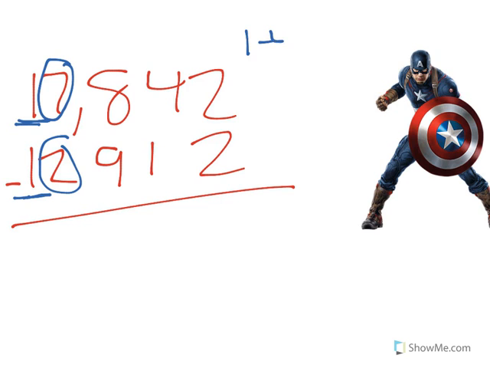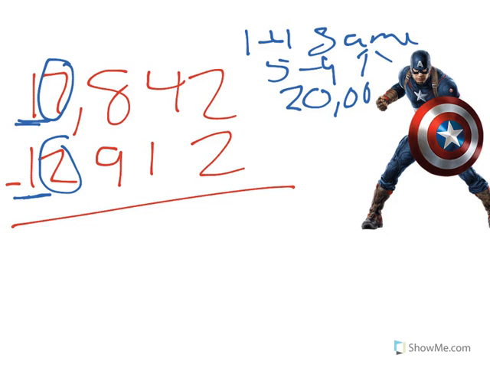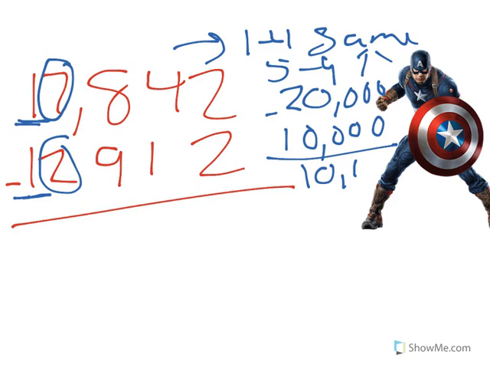Remember, 1 through 4 stays the same, 5 through 9 goes up. 7 is 5 through 9, so the 1 becomes a 2, and everything else becomes zeros. And 2 is 1 through 4, so the 1 stays the same, and everything else becomes zeros. When you estimate, you subtract it out. So my estimation is 10,000. Now let's subtract this.